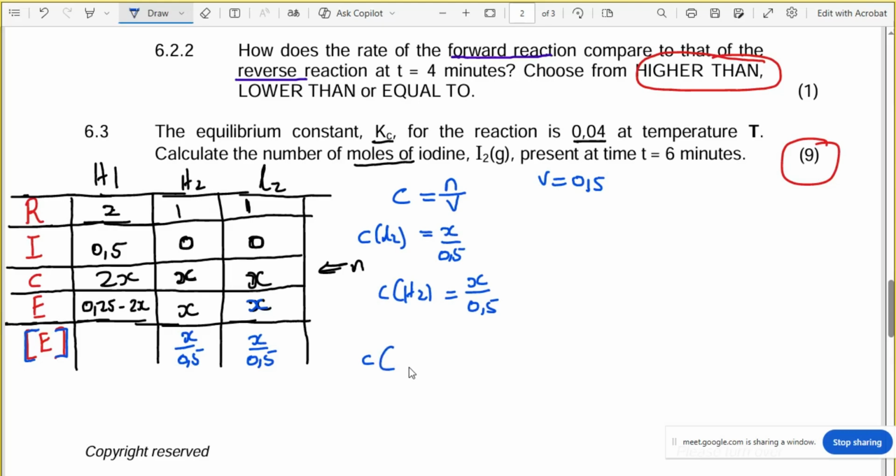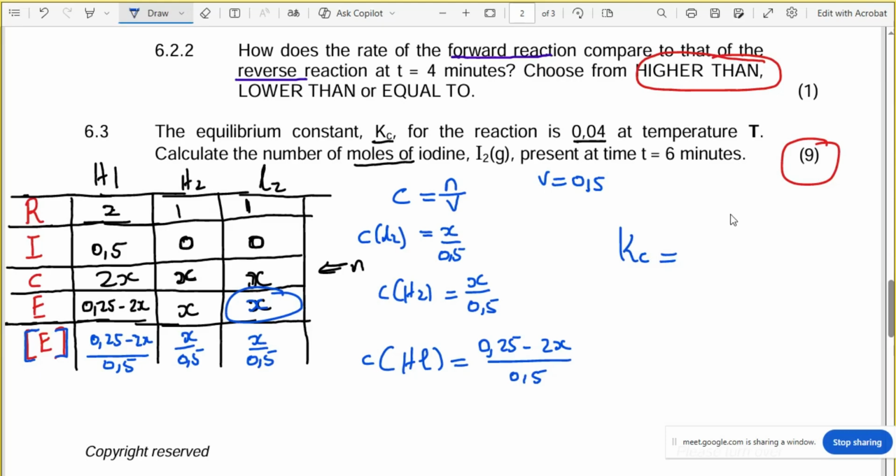And then the last one is the concentration of HI. This is equal to the number of moles at equilibrium, 0.5 minus 2x, everything divided by 0.5. Then the question said the number of moles of iodine at equilibrium is this x. This is the x that you are looking for.